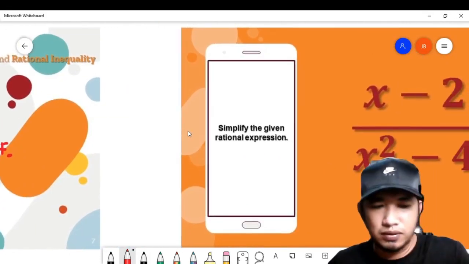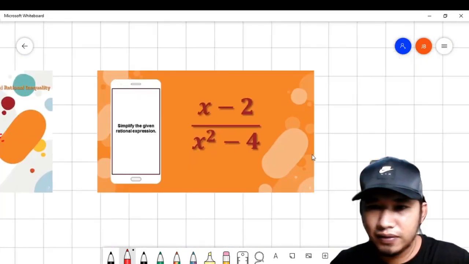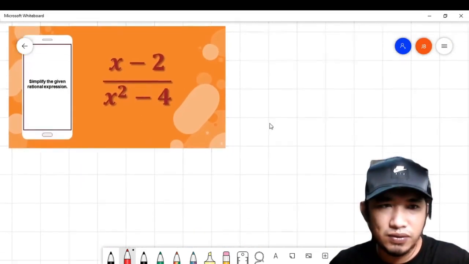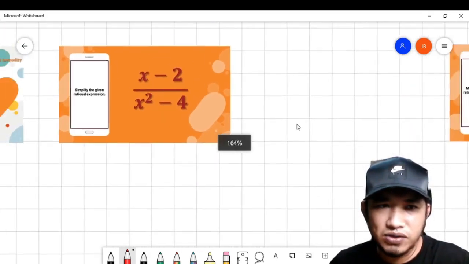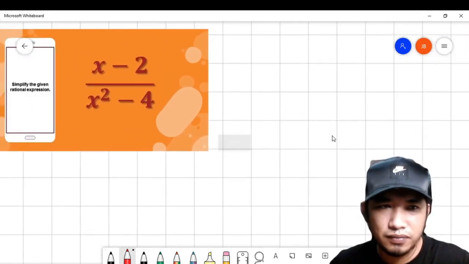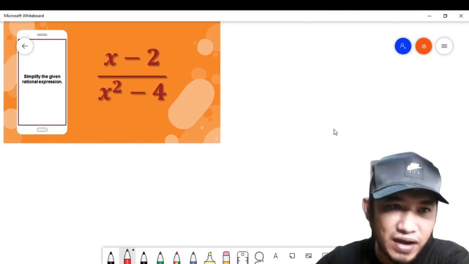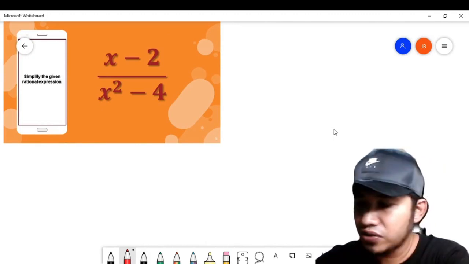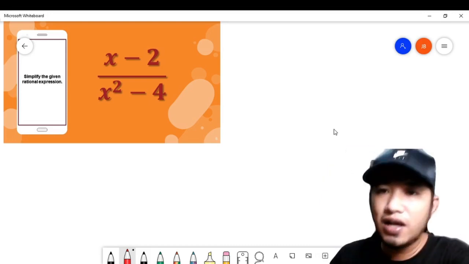So let's proceed. Magsosolve na tayo. Alright? So, simplify the given rational expression. Simplify lang daw natin yung given rational expression.